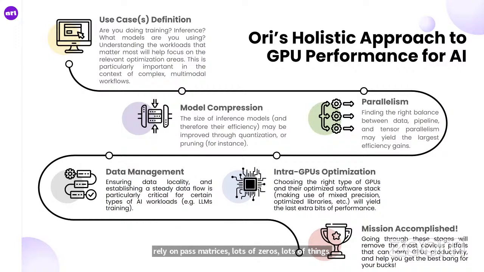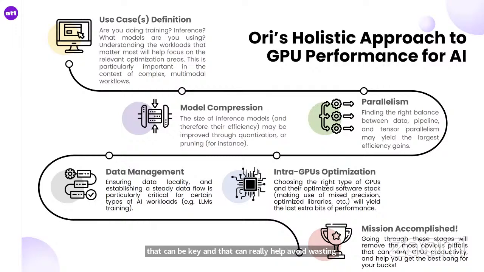But yet the whole model, the whole data sets can take a lot of space. And in order to be more efficient, it is sometimes possible to do some pruning or some quantization of the models in order to reduce the size and therefore to reduce the footprint that the application is going to have on the GPUs. So this is one step in the context of inference that can be key and that can really help avoid wasting GPU hours unnecessarily.